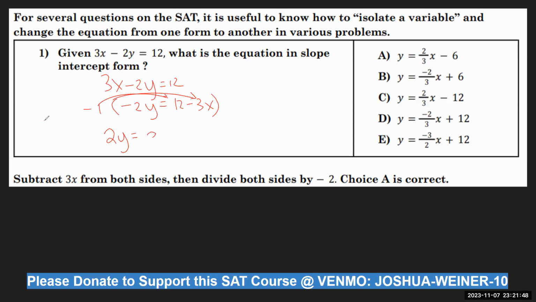So 3x minus 12. Then as a last step, we'll divide every term by 2. And we get y equals 3/2 x minus 6. I don't see it.